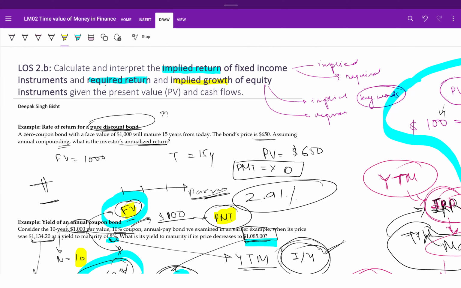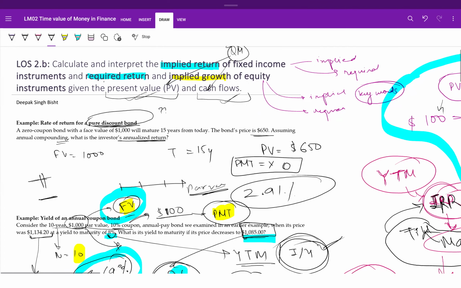And the foundation lies on present value and cash flow. These are two things that, from a quant's perspective, are the fundamentals, the basic building blocks of the whole subject actually.